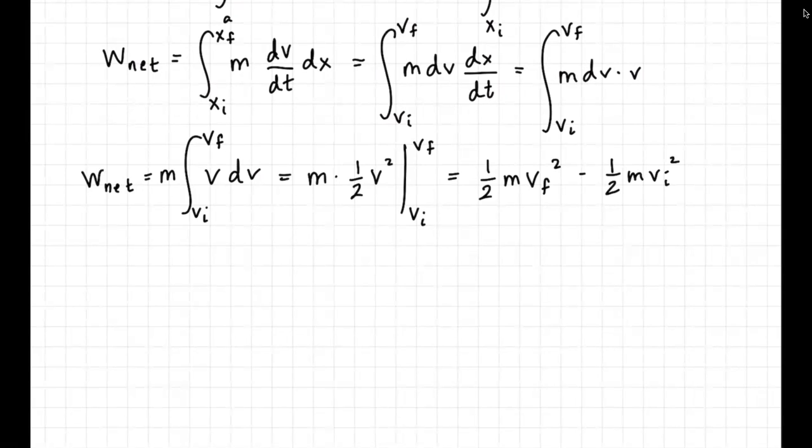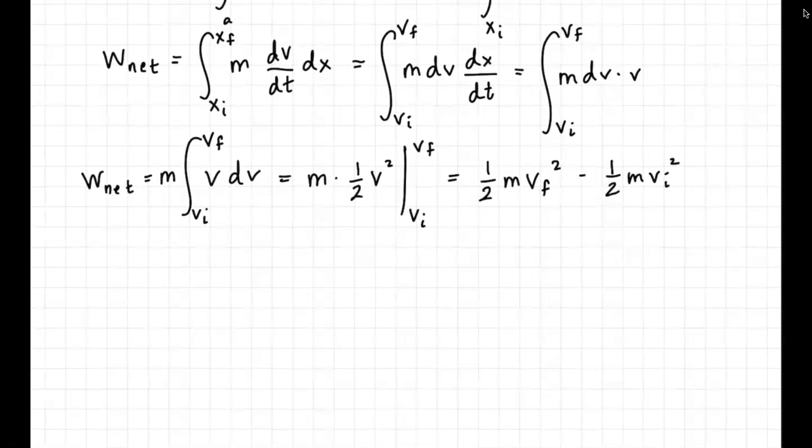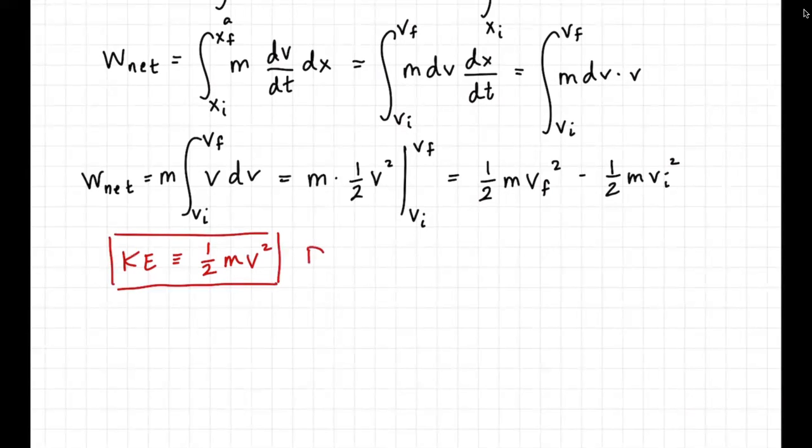So we're going to define some things here. I'm going to define this quantity kinetic energy. So I'm going to define the kinetic energy as 1/2 m v squared. So if I have something with mass and it has some velocity, then its kinetic energy when it has that velocity is equal to 1/2 mv squared. That is a definition of kinetic energy.